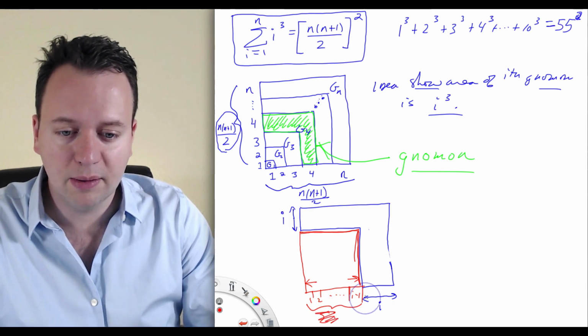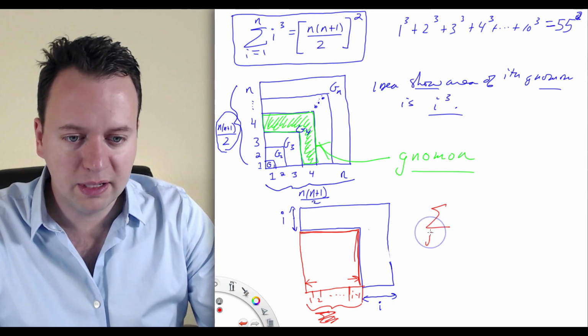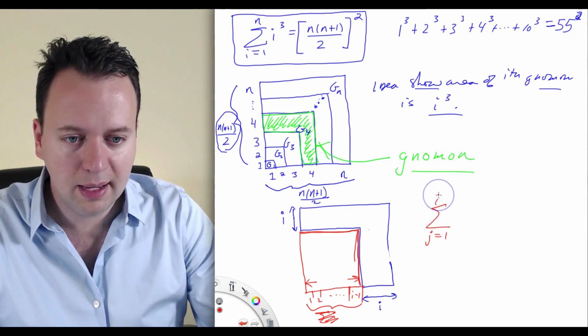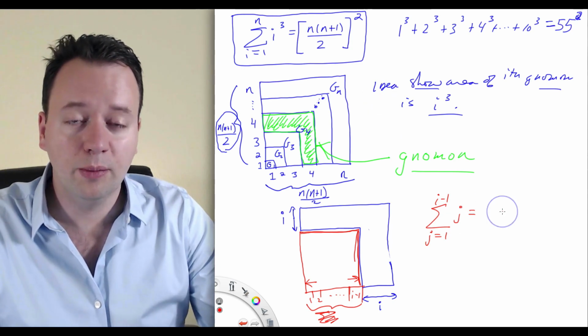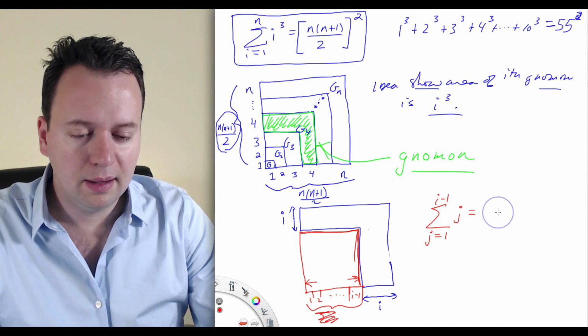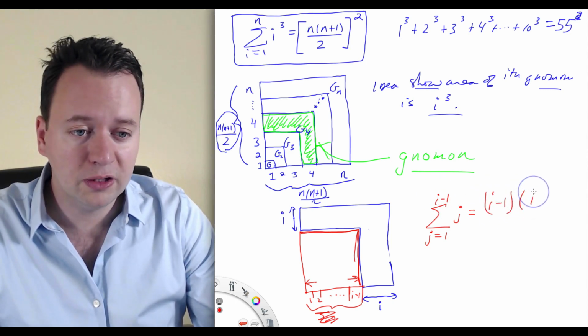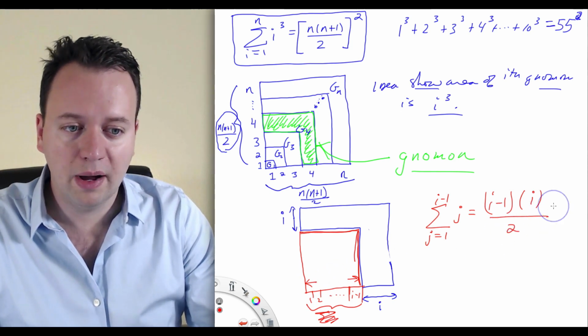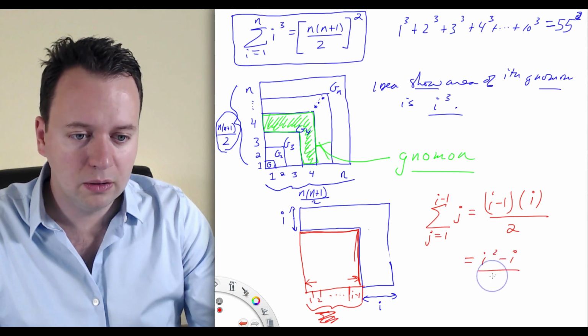So this is going to be a summation. Now if we sum up, so here I'll sum j equals 1 to i minus 1 of j. So here I would use the formula for my summation, except it's going to be i minus 1 times i minus 1 plus 1 over 2. So this length is given by this formula right here. So it's basically i squared minus i over 2.